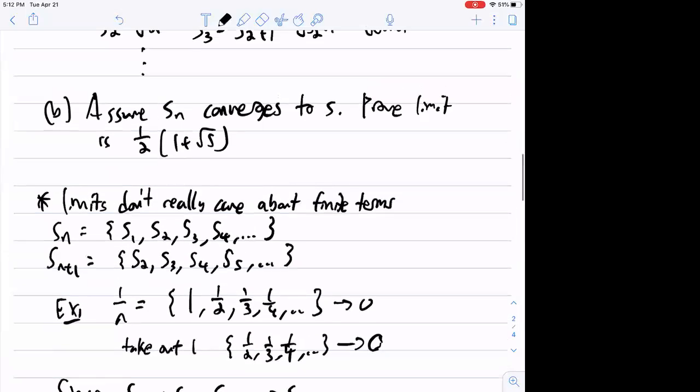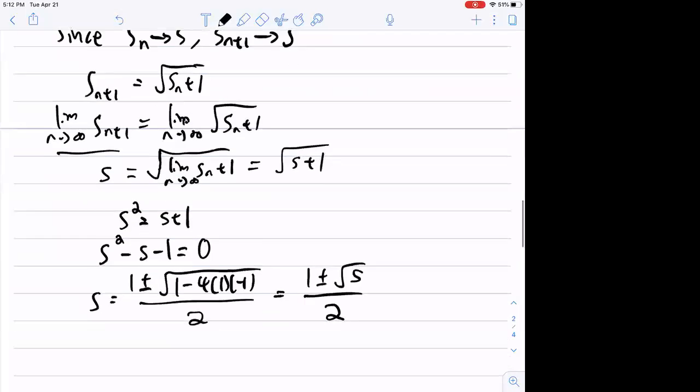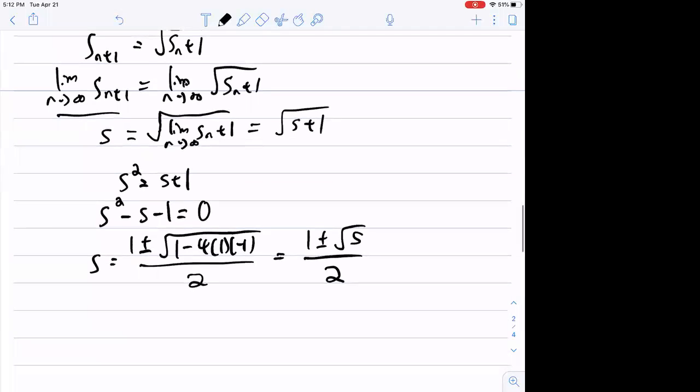So we need to show it converges to 1 plus root 5 over 2. Okay, we're almost there. We have 1 plus minus root 5 over 2. So why is it 1 plus root 5 instead of 1 minus root 5? Does anyone know? Any ideas?